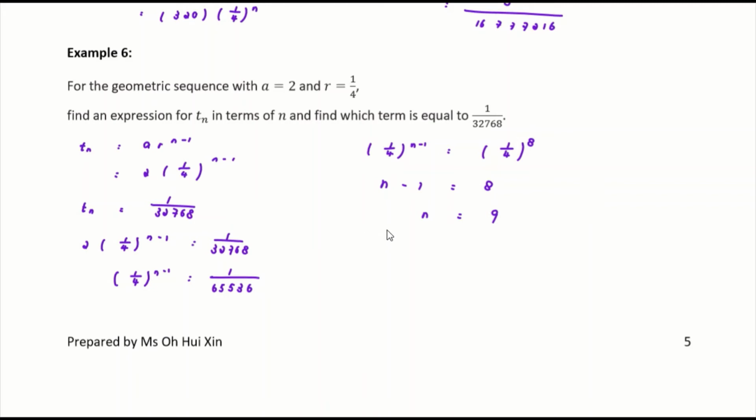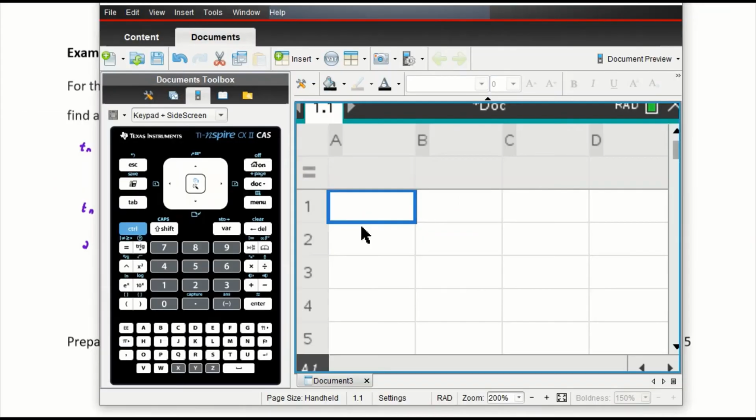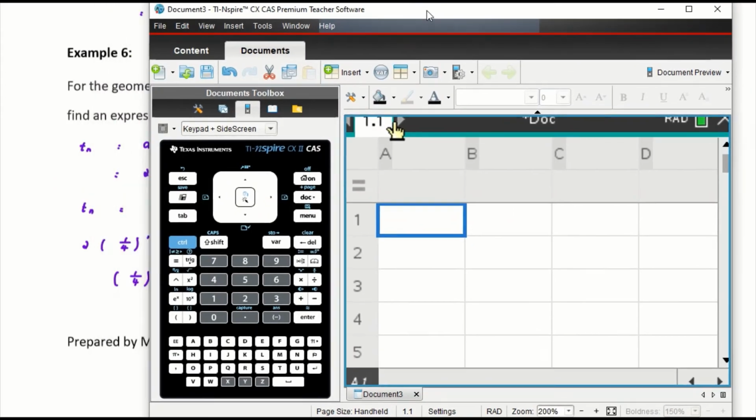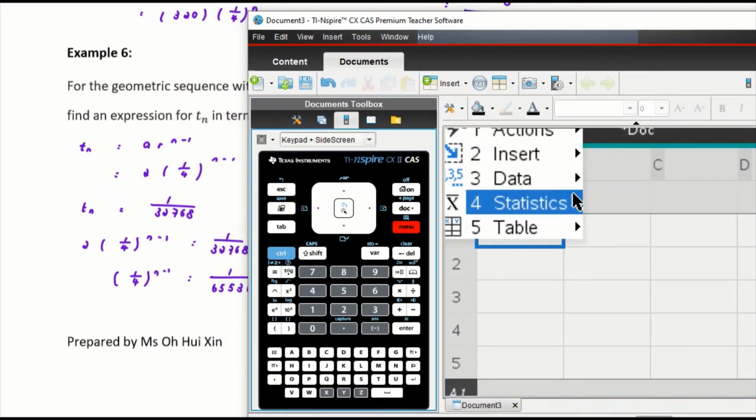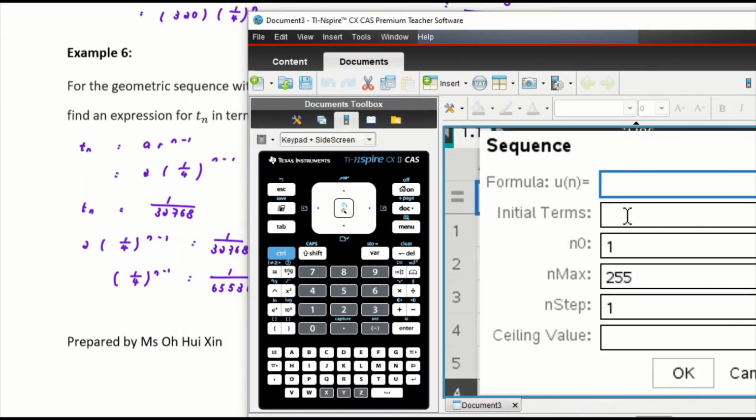So now I'm going to show you how, normally for this kind of question, you will use your TI-Nspire to help you solve it. So how can we do that? Let's key in the numbers that we have. Same thing, we generate a sequence. So menu, data, and generate sequence.